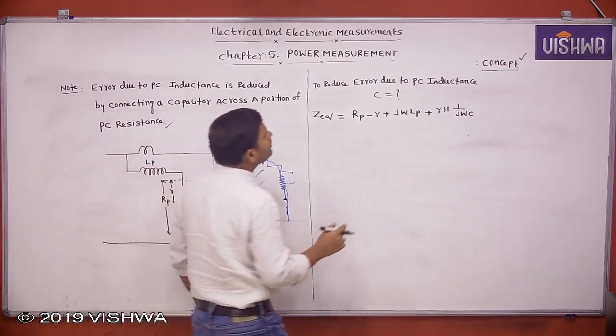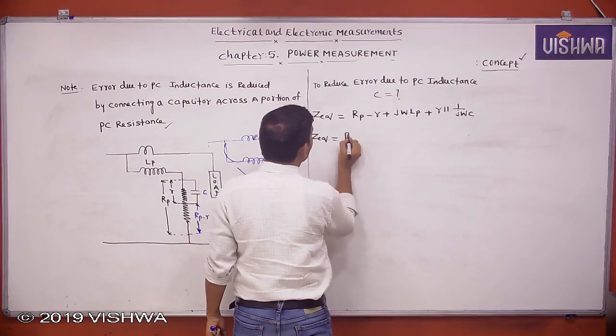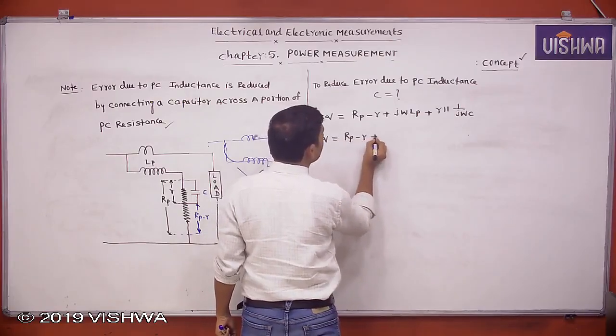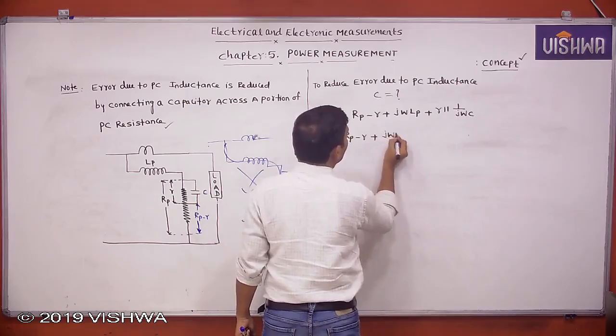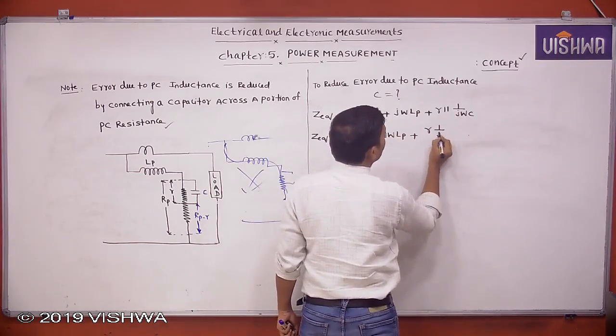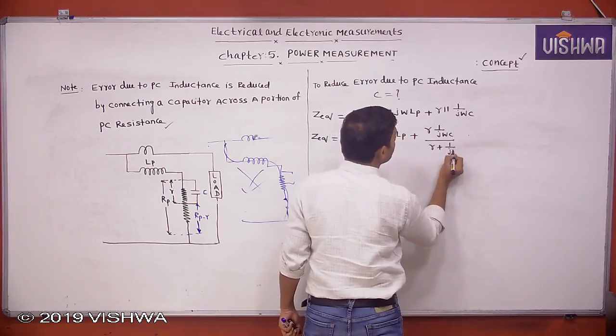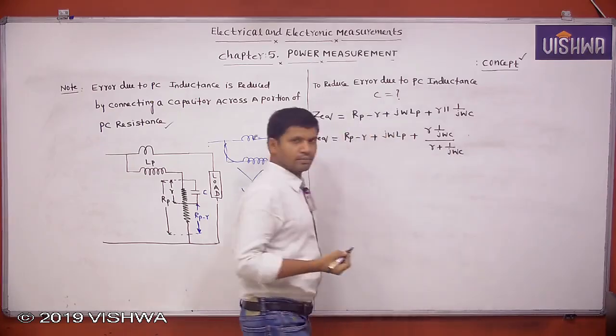Now you simplify this. Z equivalent equals Rp minus R plus j omega Lp plus R into 1 by j omega C, divided by R plus 1 by j omega C. Clear?